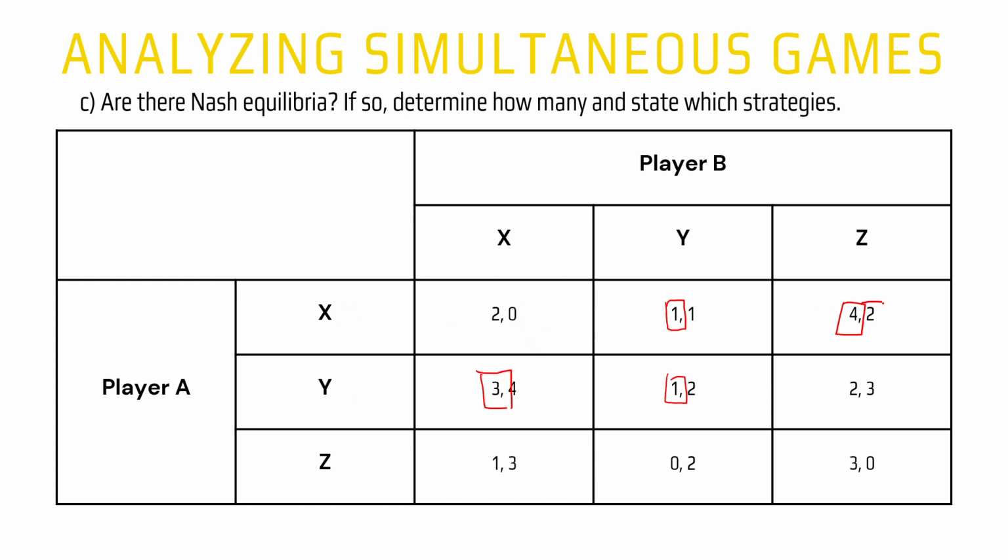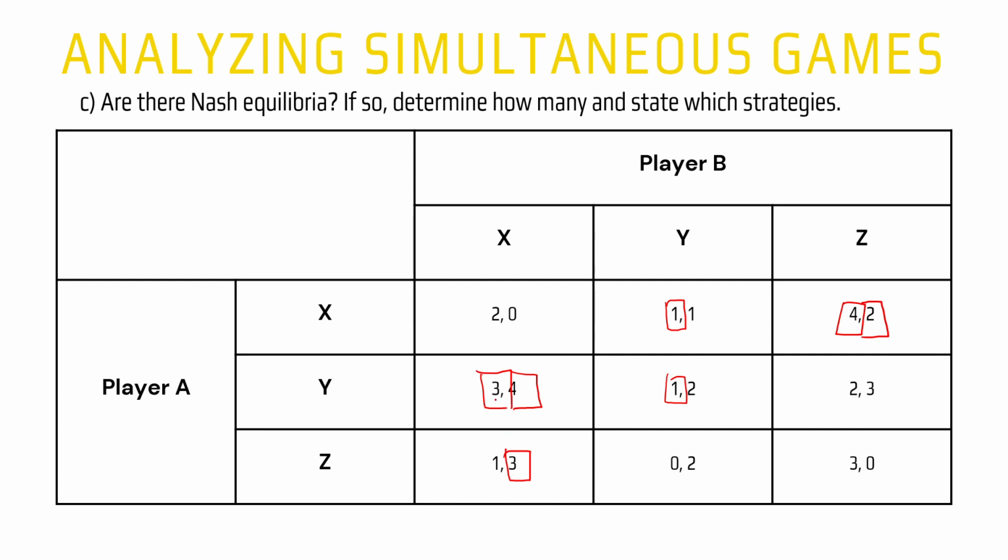So the best one here is 2. What if player A chooses strategy Y? Player B could get 4, 2, or 3. So the best one here is 4. And lastly, if player A chooses strategy Z, player B could either get 3, 2, or 0. So the best one here is 3.